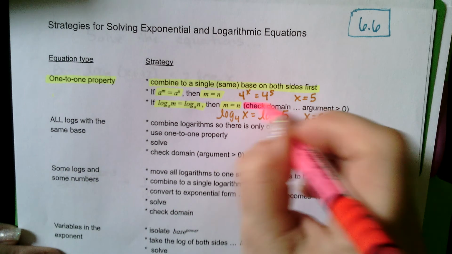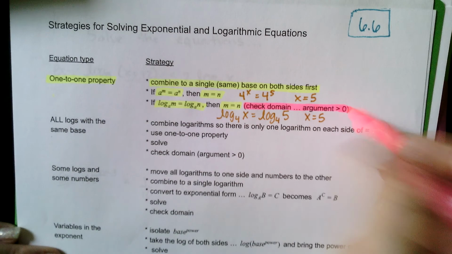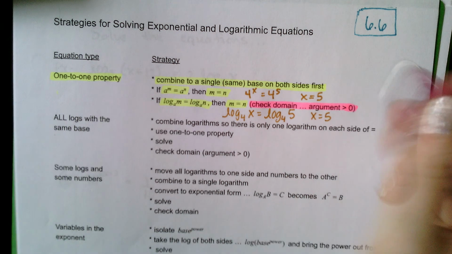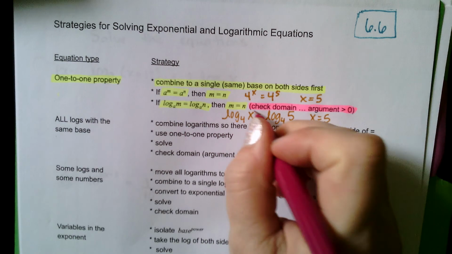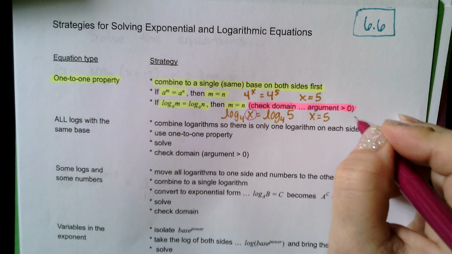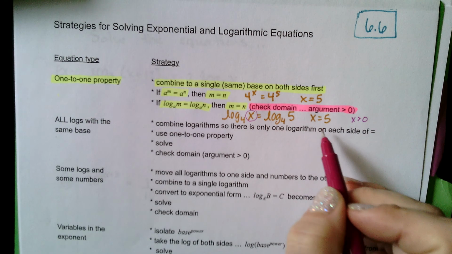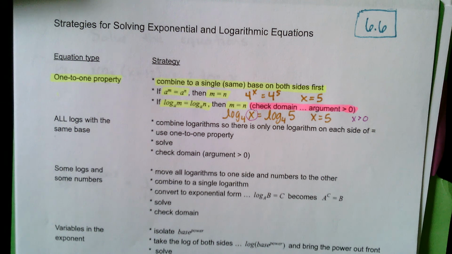The argument has to be greater than 0. So anytime you have an equation that has a logarithm in it, you want to pay attention to that. So in this one that we just looked at, the domain would be right here, log base 4 of x. So we'd have to make sure that x has to be greater than 0, which it is because we got x equals 5. So we're good on that.